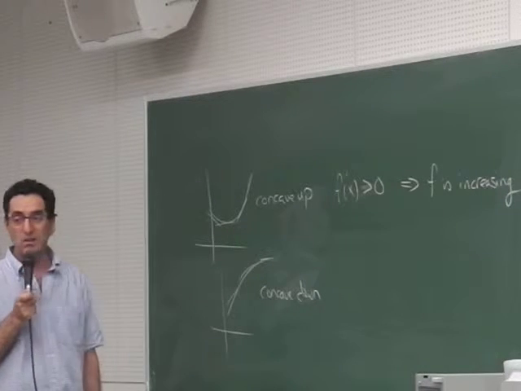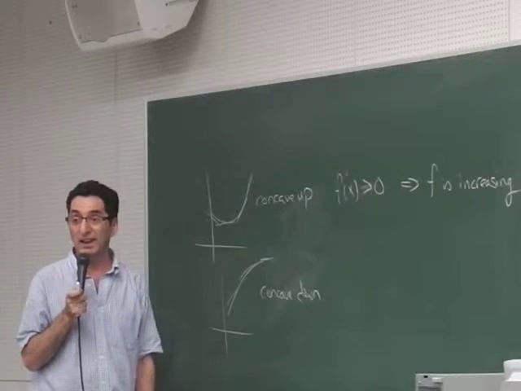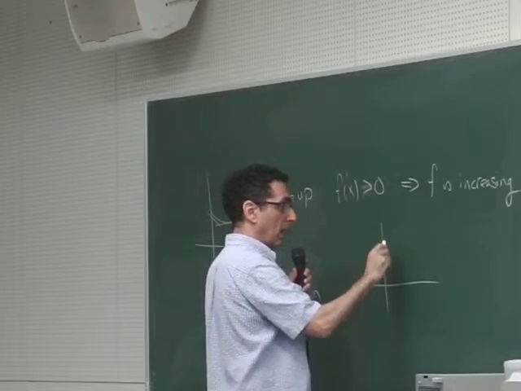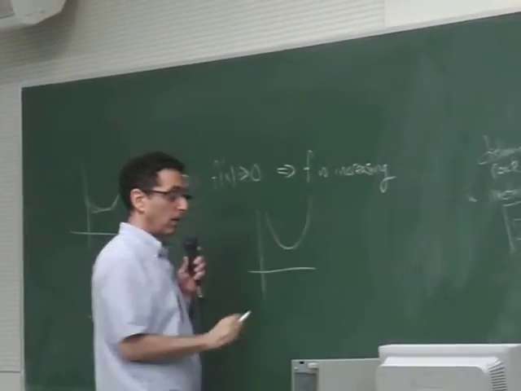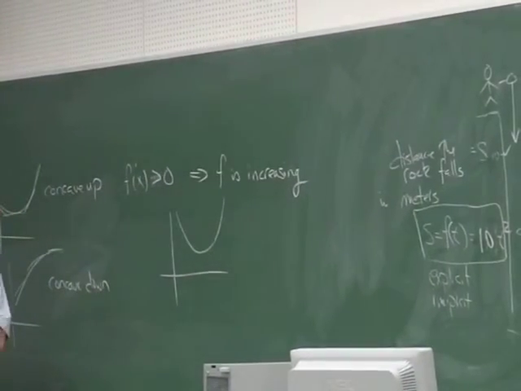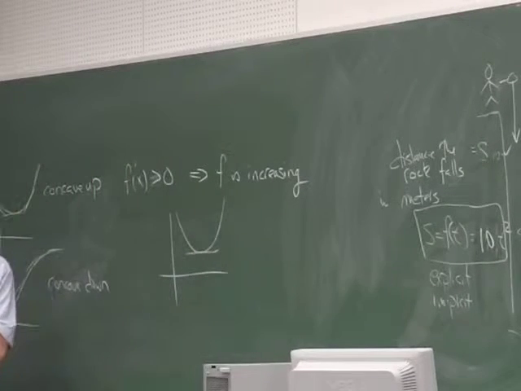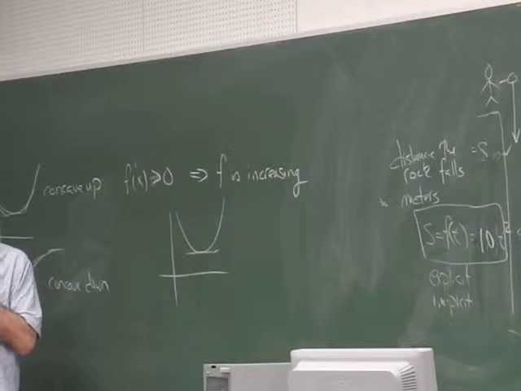Okay? Now why do I care about concave up and concave down today? Today we were talking about if we have a function and we find out that there's a stationary point here, meaning that it's flat there, we want to decide whether it's a relative minimum or a relative maximum, right?